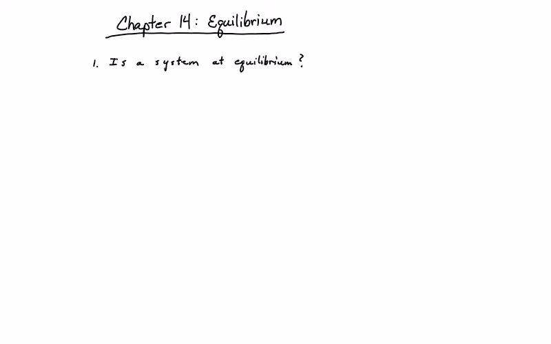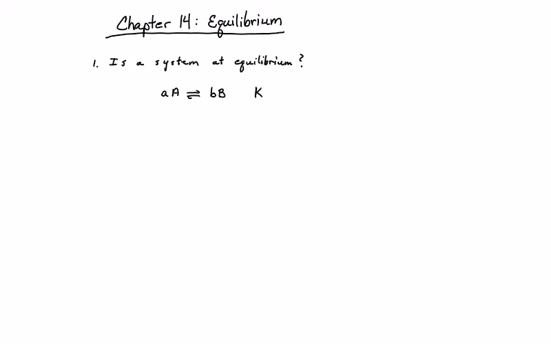Okay, so let's say that we have a reaction. Again, we're going to keep this in real general terms, where we have some compound A reacting to produce some compound B, where we know the equilibrium constant.